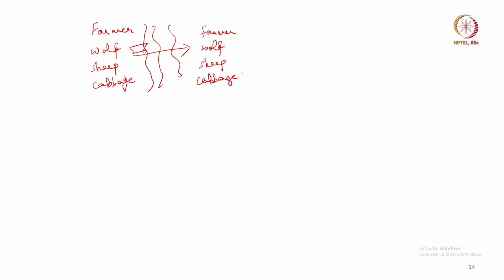So that is your final thing, and your state could be something like this: if you consider the left side of the river, if the farmer is there on the left side, you have 1. If the wolf is there on the left side, if the sheep is there, if the cabbage is there, 1, 1, 1, 1.